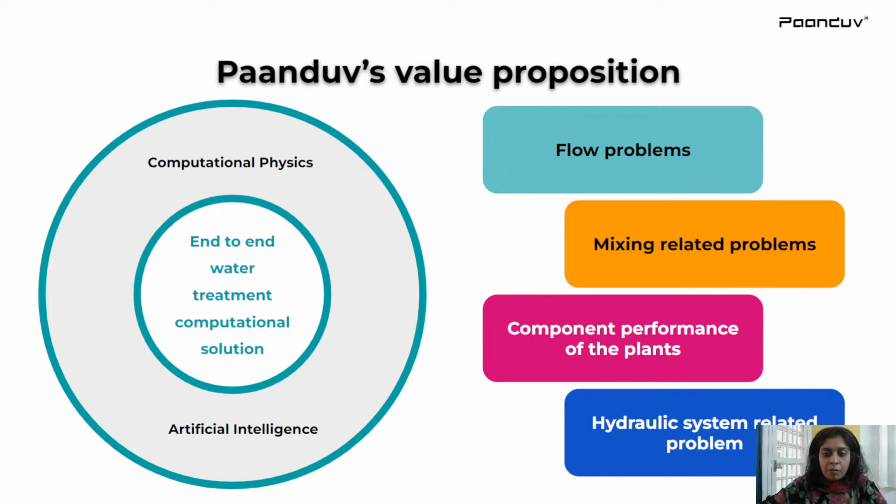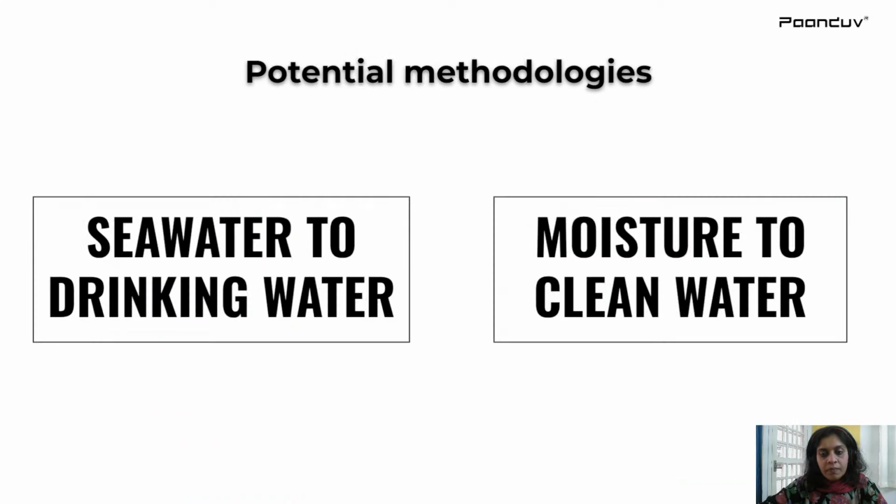The problem can be related to flow problem, it can be related to mixing related problem, it can be related to performance of different section of the plant, and it can also be related to hydraulics related problem. You have a solution in form of Pandav application because we hold the subject matter expertise for all of these aspects.